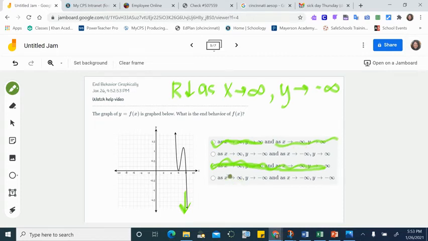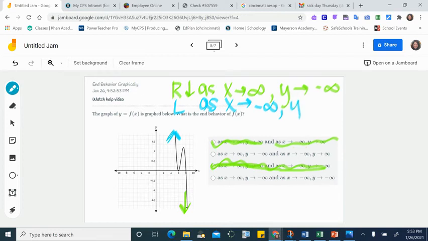Okay, so now let's look at the left side of this graph. On the left side, is this graph going up or down? Remember the way we say left side, we say as x approaches negative infinity, what's the y value doing?